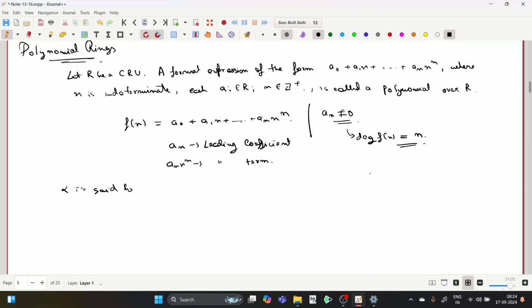Alpha is said to be a root of f(x) if f(alpha) is 0, right? That is the basic definition of a root of a polynomial.